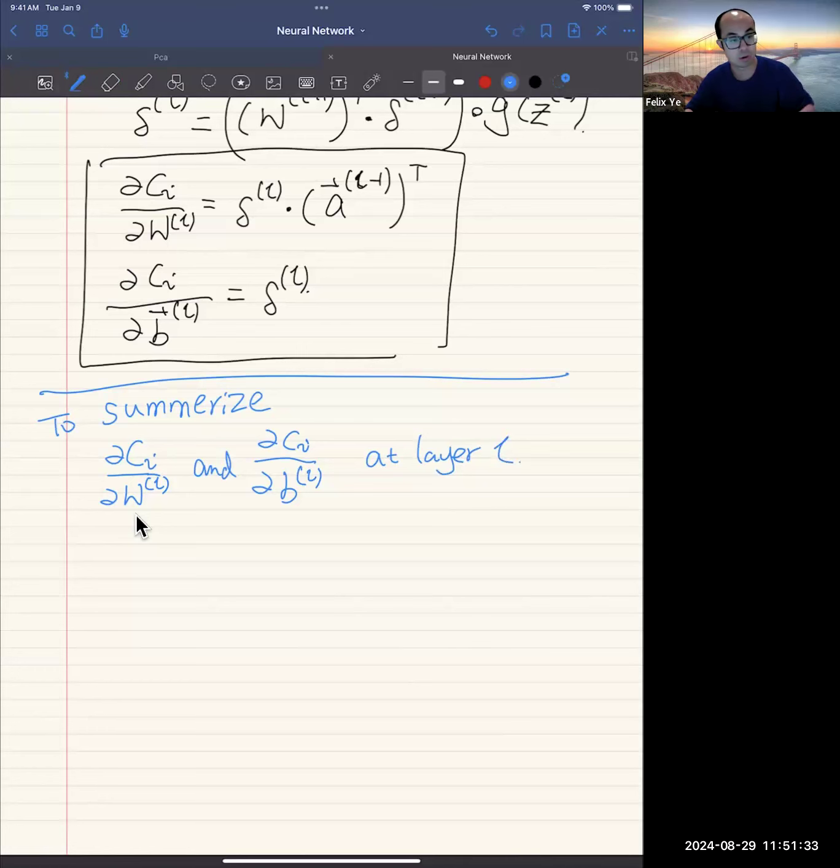Right. So what you do is you have a 3-step procedure. The first step, step 1, you do forward propagation.